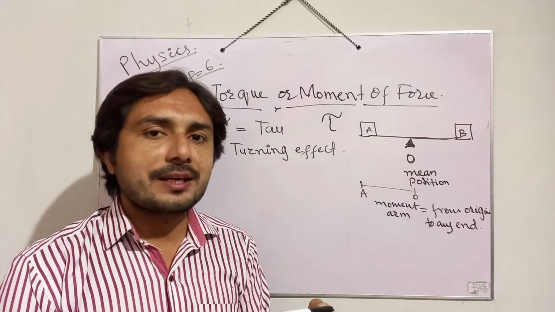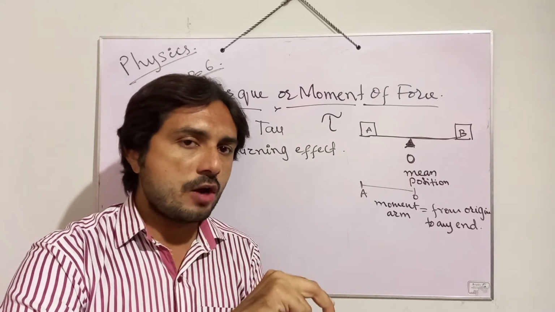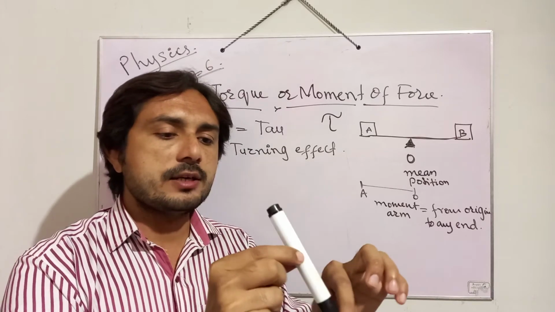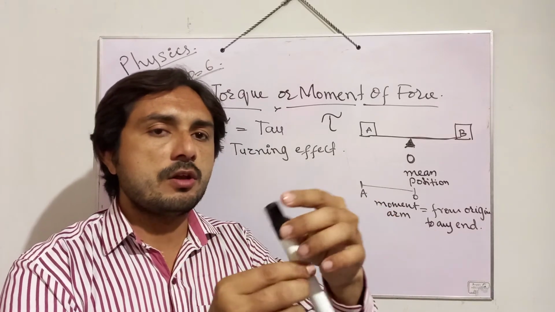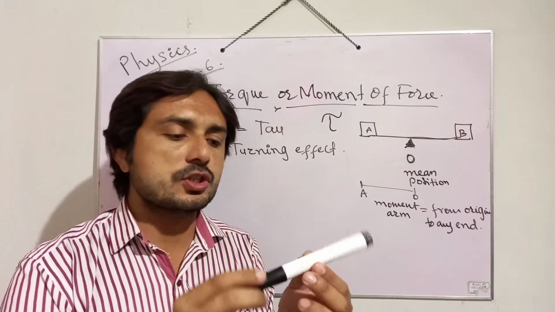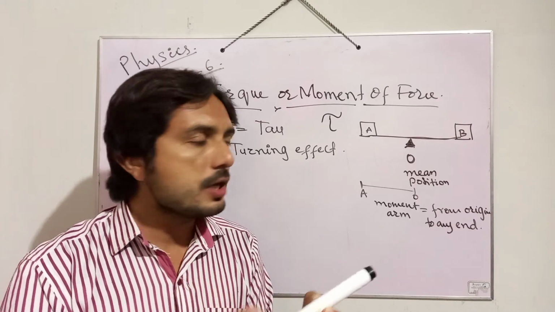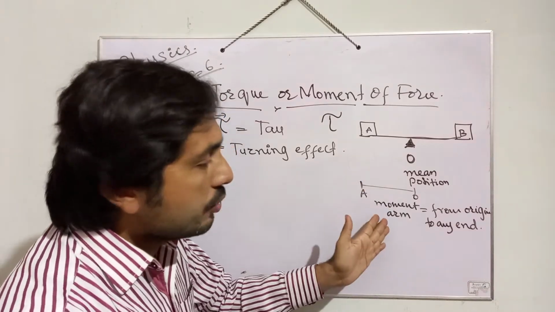Remember, turning effect means just moving here and there. It doesn't revolve around. For example, if this marker is revolving, that would not be the turning effect. Turning effect means just moving here and there around whatever the fixed point is. Okay, so that was the moment arm.